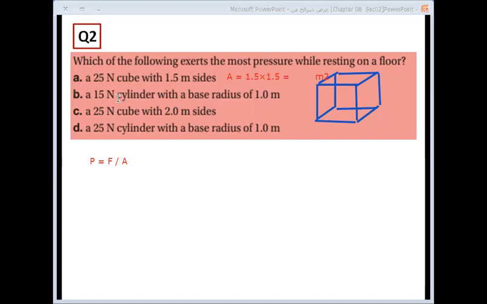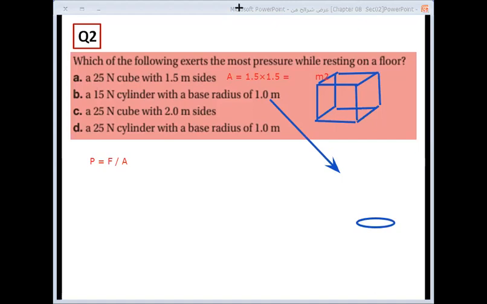But here, in case of the cylinder, the base is what? It is a circle. The circle has an area, which can be calculated from what? You know that this is the cylinder.